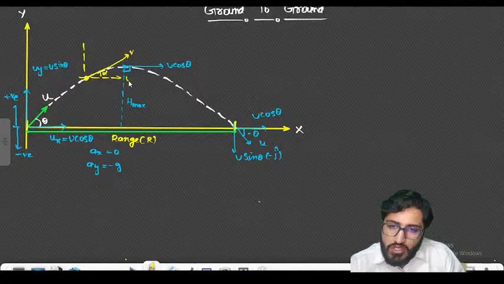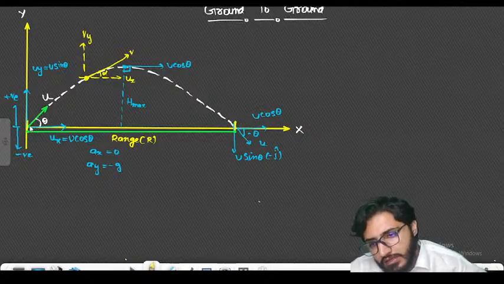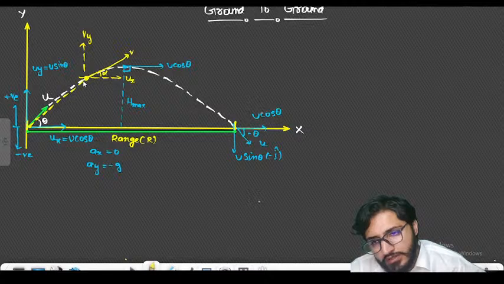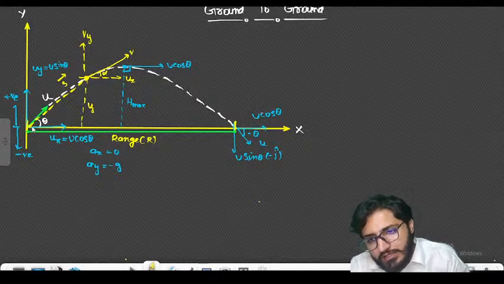It is u cos theta, or ux or vx, and this will be vy. And if I just join these two points, this one is the displacement. This distance is y, the displacement in y, and this displacement is x.